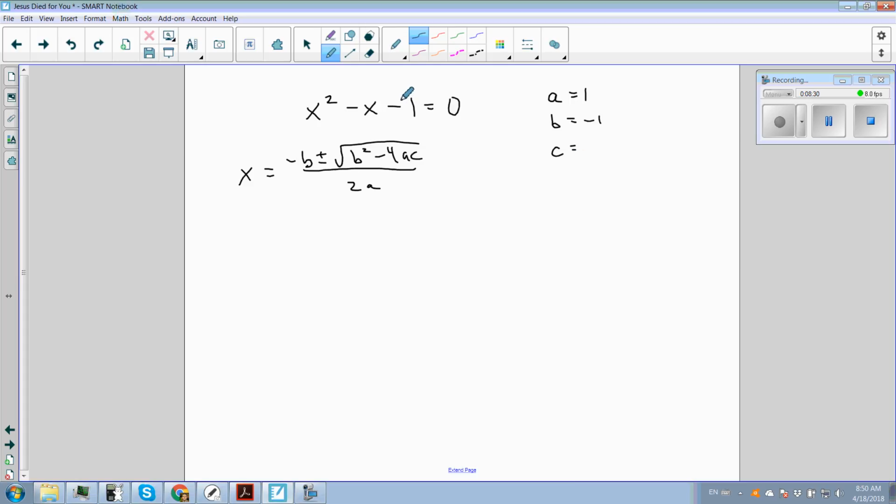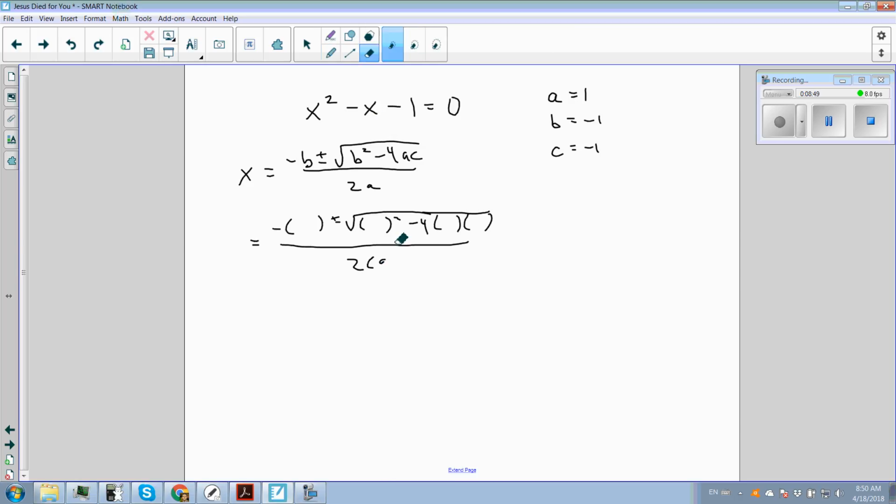And c is the constant, which is negative 1.